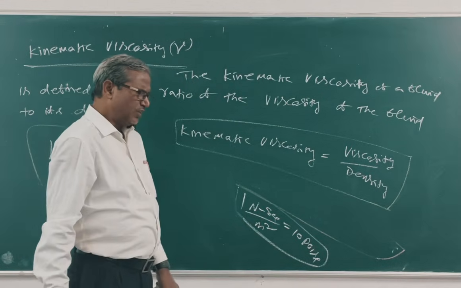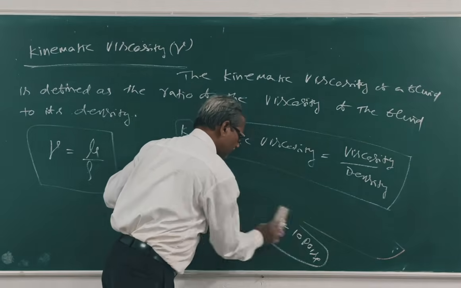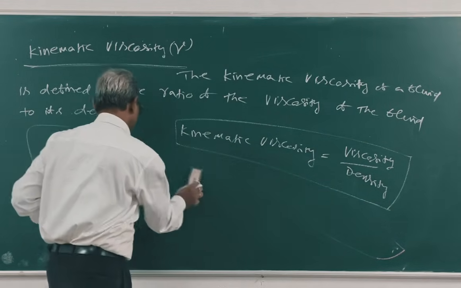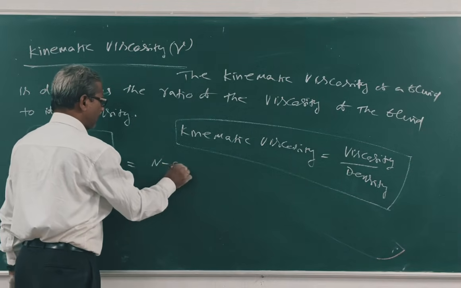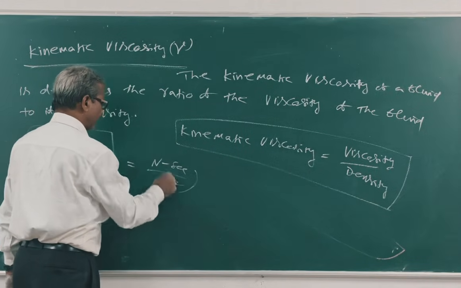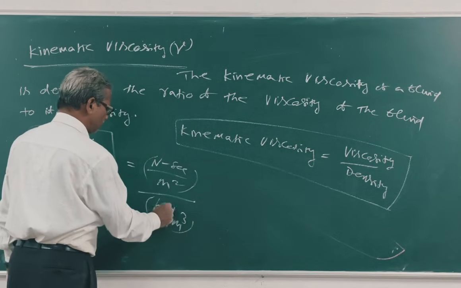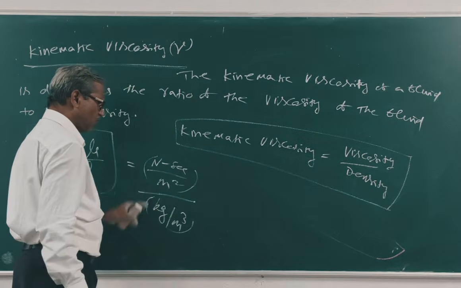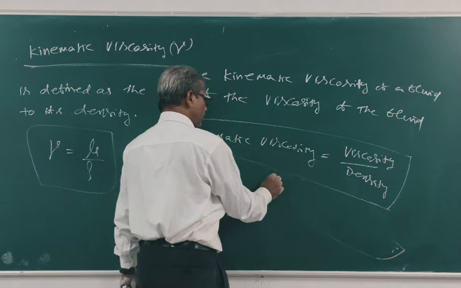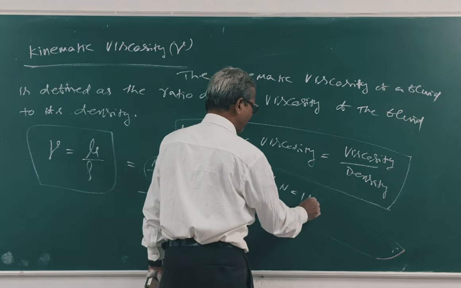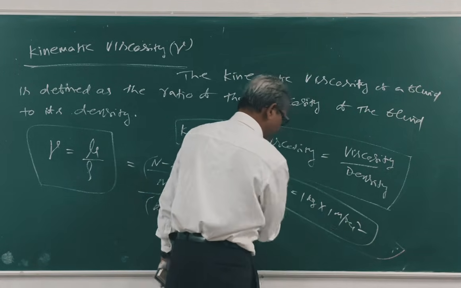So what is the unit of nu? Mu by rho. What is mu? Newton second per meter square, divided by kg per meter cube. Clear? 1 Newton is equal to 1 kg into 1 meter per second square. Put the value of Newton here.